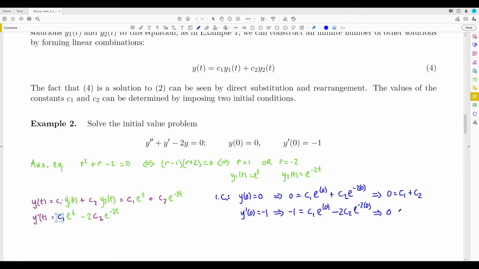And that simplifies to negative 1 equals c1 minus 2c2. So what we have here is a system of two equations in two unknowns. Oops, I see that this needs to be a negative 1.